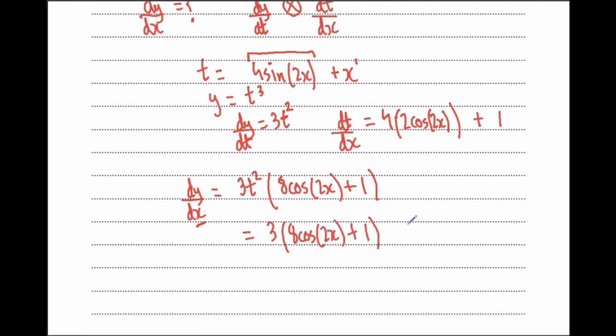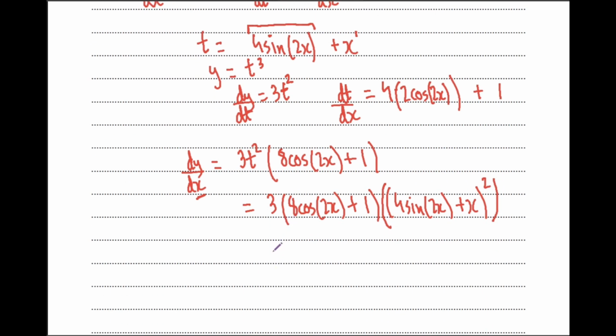And then times t squared. Well, t is 4 sine 2x plus x, and then this bracket is squared. Let me just draw the brackets nicely. That and that. And that's the derivative.